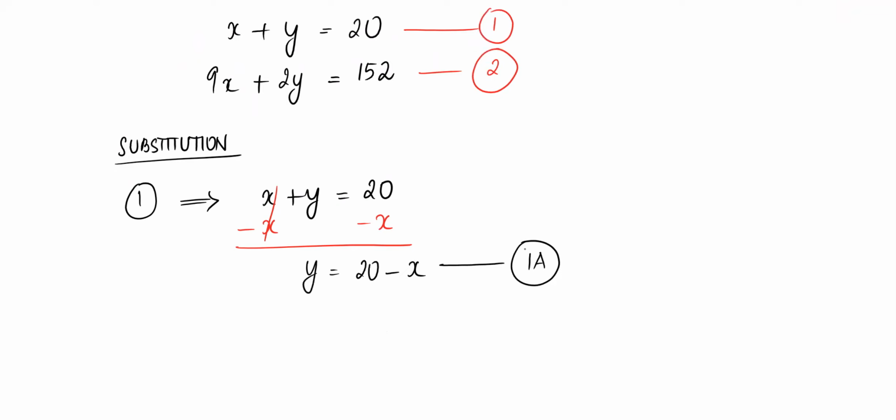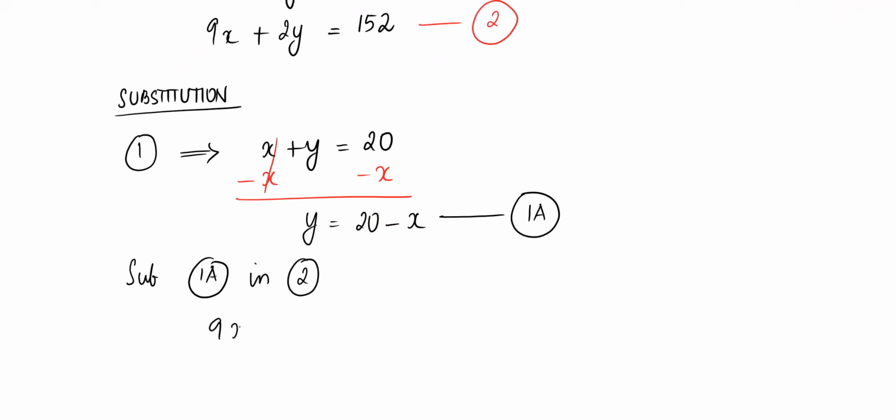I have 1a. Then we substitute 1a in equation 2. So 9x plus 2 times y equals 152. And in the place of y, I plug in 20 minus x. That's 1a plugged in.